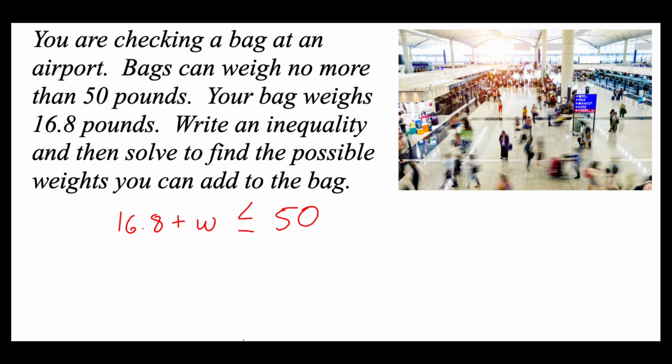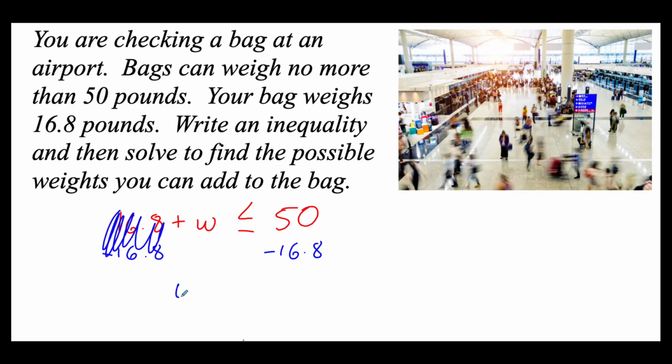So right now, we're looking at solving to get W alone. I see that positive 16.8 on the left-hand side, thinking that we want to take that and move that over to the other side. Because it's positive, what we're going to do is subtract 16.8 on both sides of this inequality to help us cancel that out.